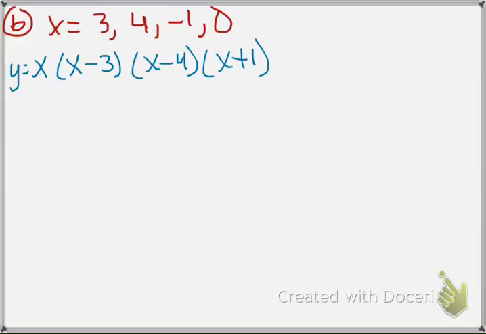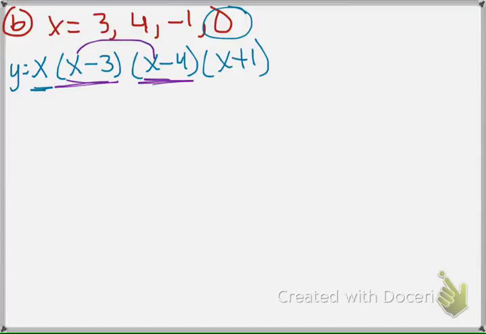So this x comes from the 0. Anytime you have a 0, it's just x. Just like in the previous problem, x is equal to 0. So we're going to go ahead and get started here. I would multiply the x at the very end. I would do these two first.